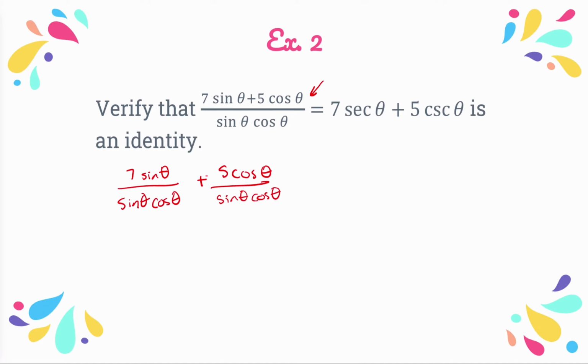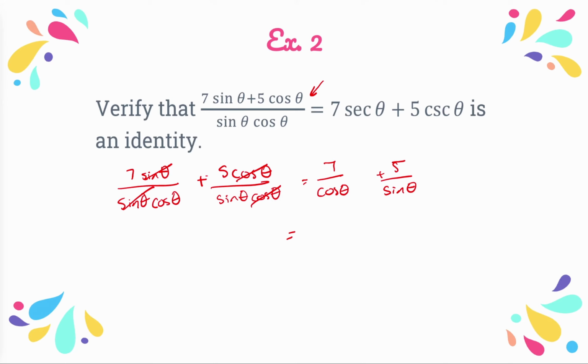We can split this fraction up. Divide both parts by the denominator. Here our sines are going to cancel out, and here our cosines are going to cancel out. And so that's going to be 7 over cosine theta plus 5 over sine theta.